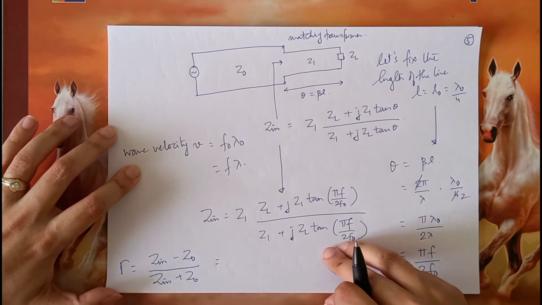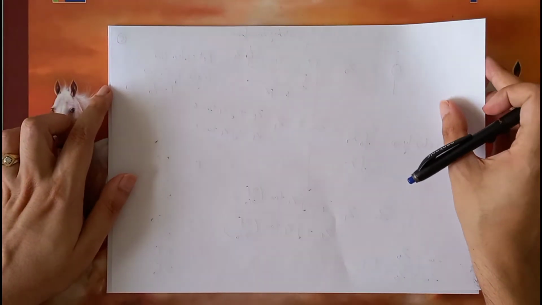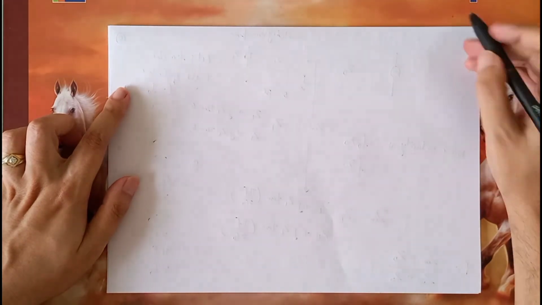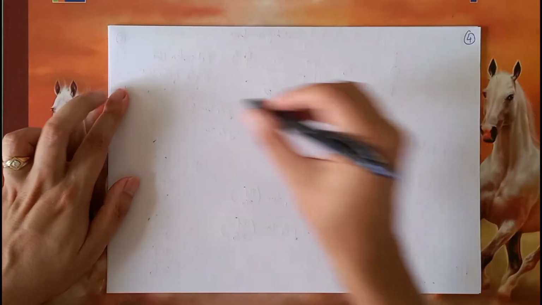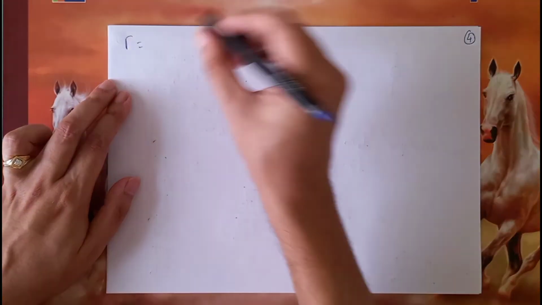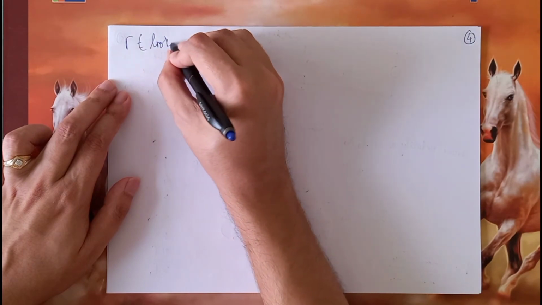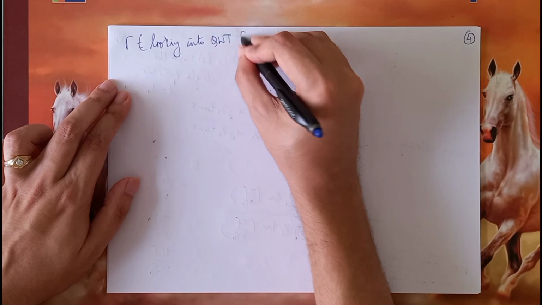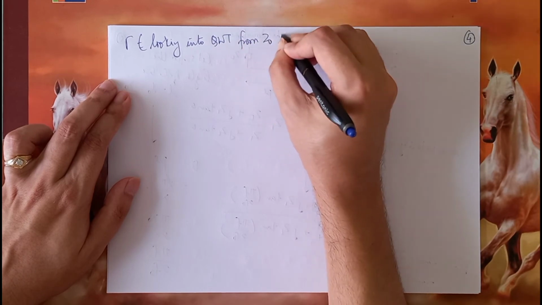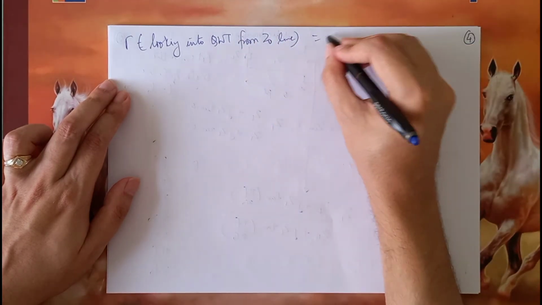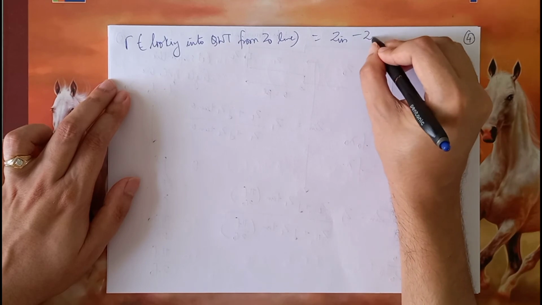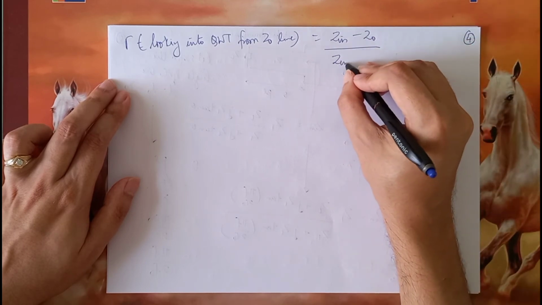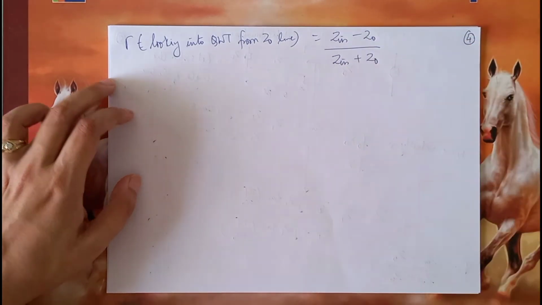So what will you get? So let me write this again. Gamma, that is looking into QWT from Z0 line. That is Zin minus Z0 divided by Zin plus Z0.